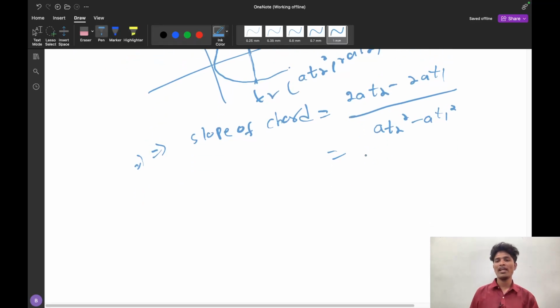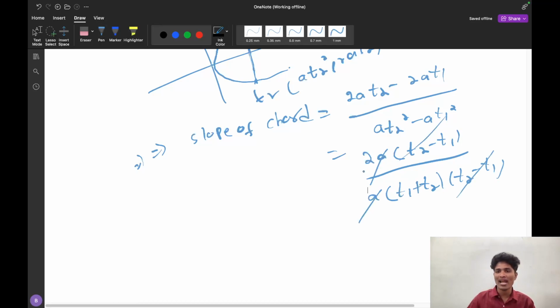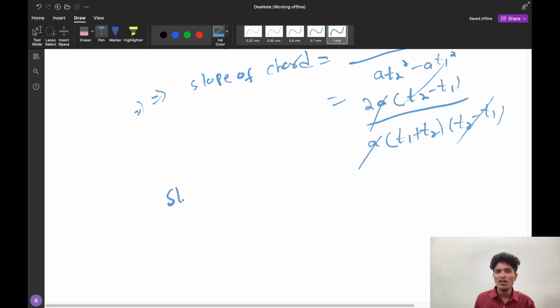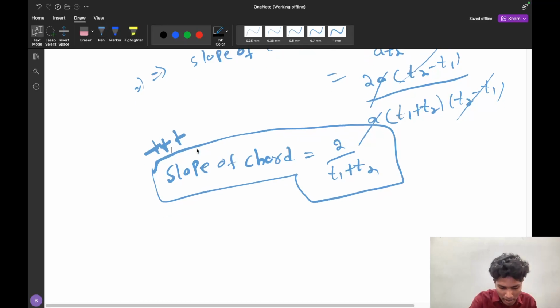I can take common 2a and t2 minus t1, and in the denominator I can take common a and write t2 square minus t1 square as (t1 plus t2) into (t2 minus t1). Then I can cancel t2 minus t1 and a will be cancelled. So the slope of chord is equal to 2 by (t1 plus t2). This is an important result. I will star mark the results. You have to remember those results.